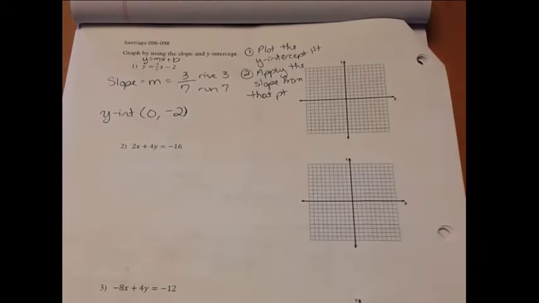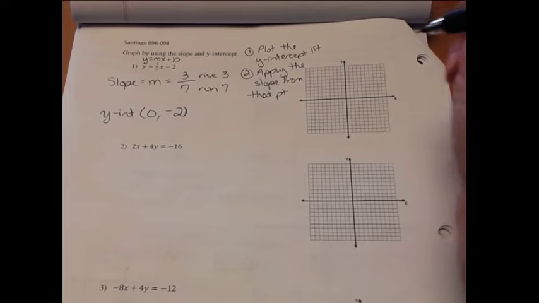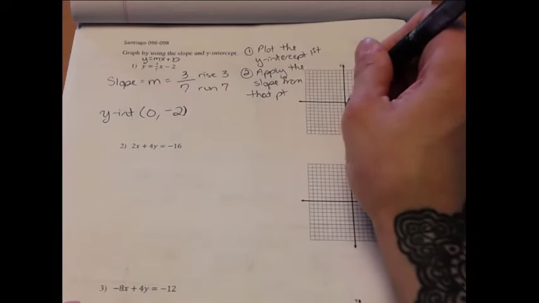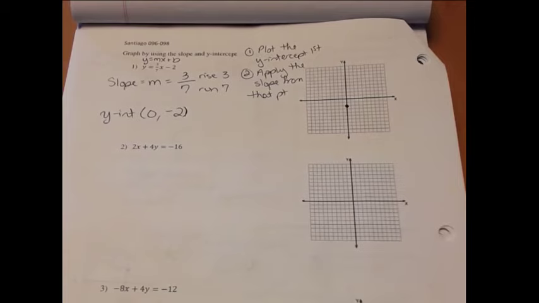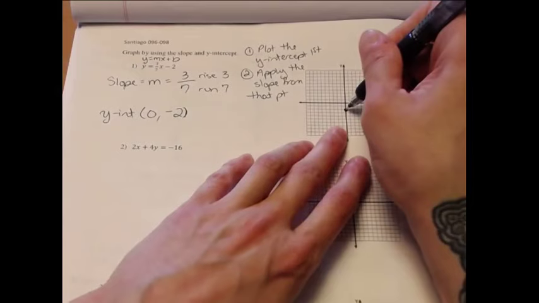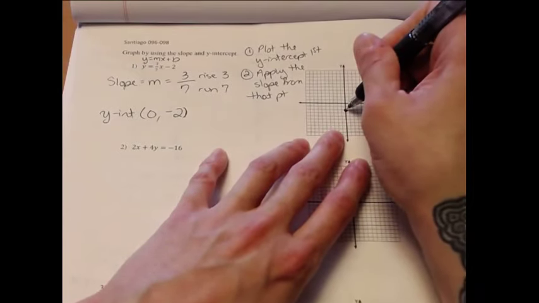Okay? We plot the y-intercept first, and then we apply the slope from that point. So our y-intercept in this case is 0, -2. So 0, -1, -2, 0, -2. There's my first point. Because our slope is 3/7, that means you rise 3 units, and then you run 7 units. So from my starting point right here, we're going to rise 3 units, 1.